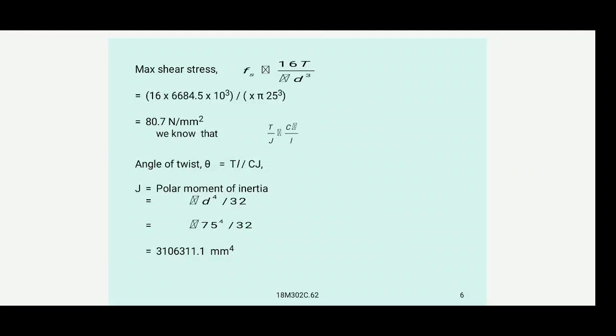So that is J is equal to 3,831,311.1 mm to the power of 4. That is the polar moment of inertia.